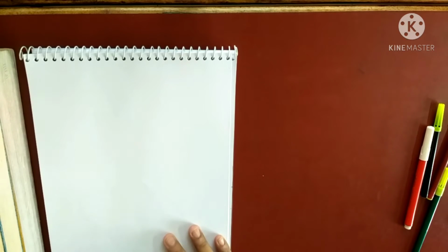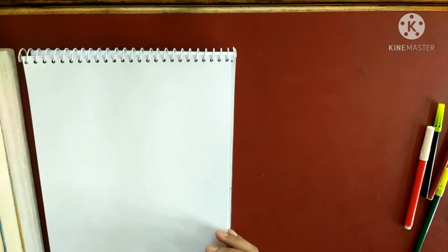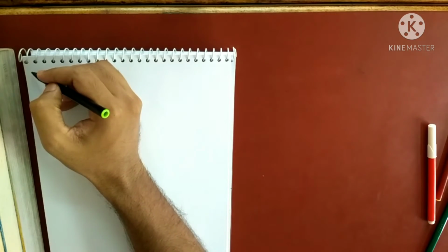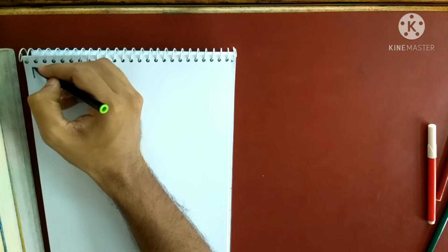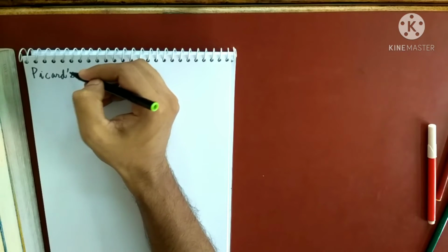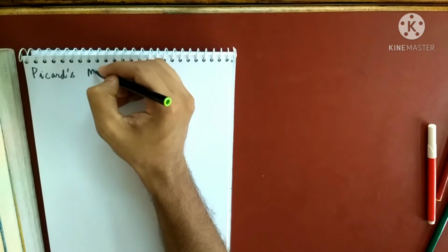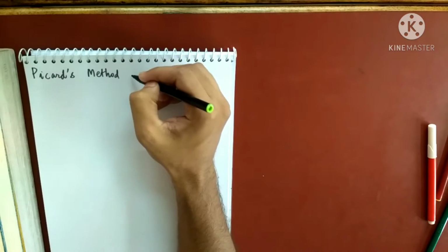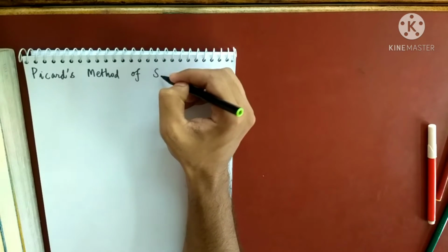Okay. So now we have a new method, or a next method in the list. Number 3 is something called Picard's method of successive iterations or successive approximations.